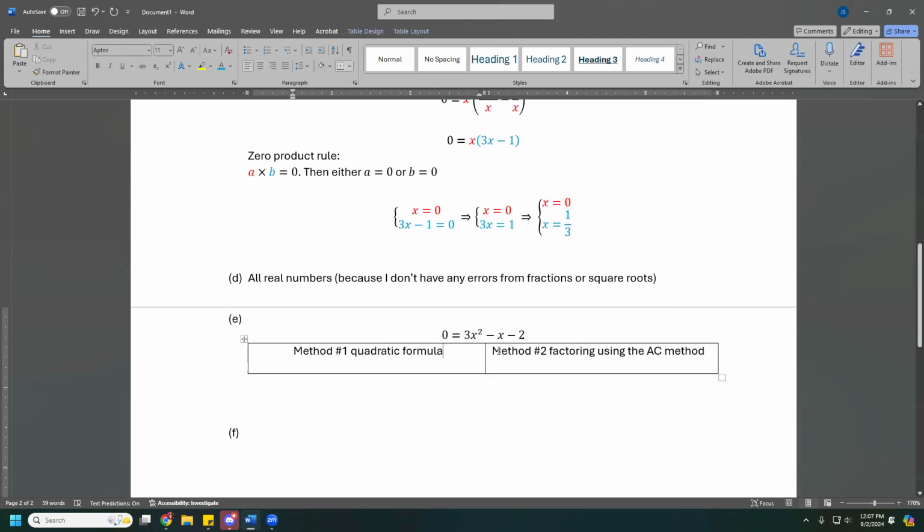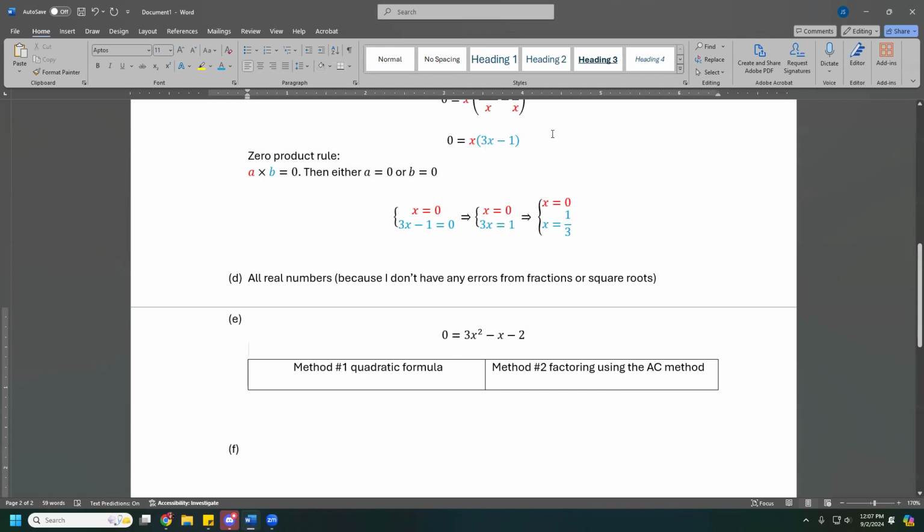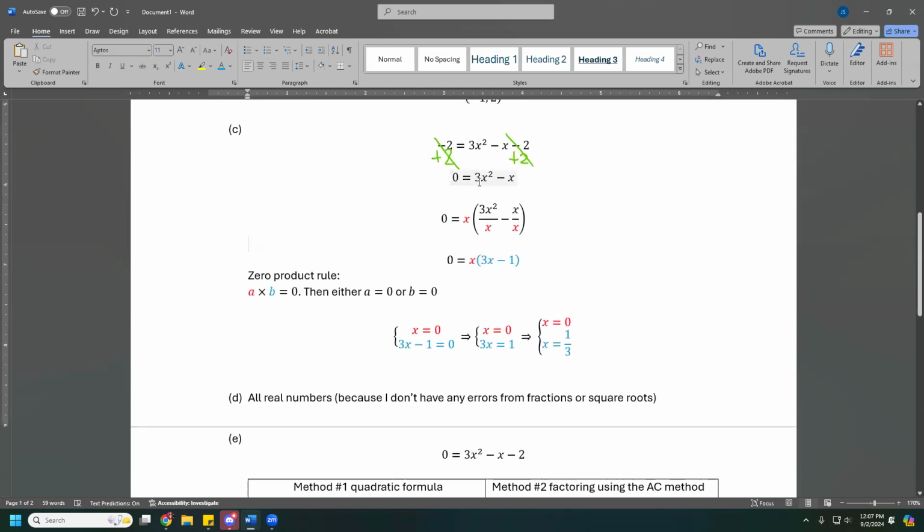But the idea behind this factoring is the same. I can figure out what my x's are by essentially using the zero product rule. And in order to do that, I need to factor, except the way that I factor in this case is different from the way that I factored up here. Up here, I got lucky because this piece had an x in it and this piece had an x in it, so I was able to pull out an x.